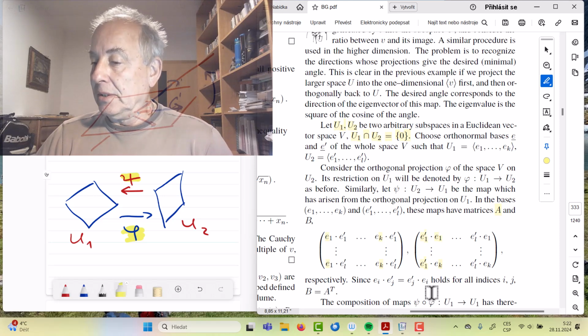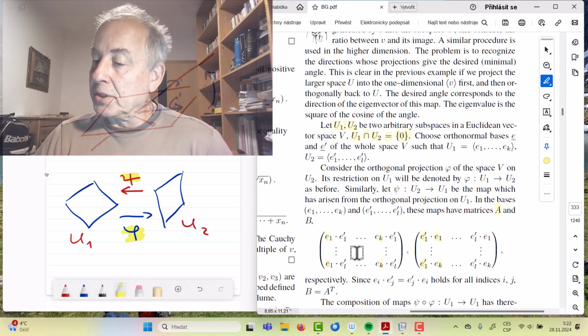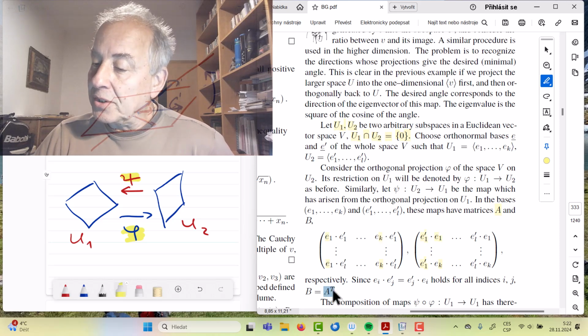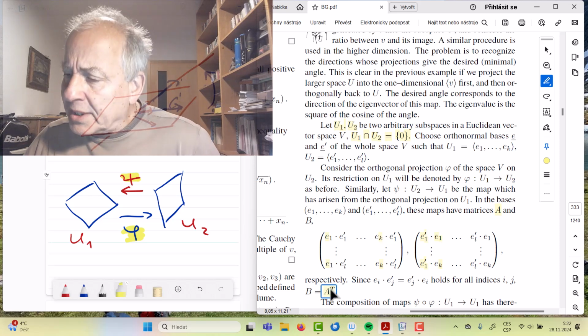So the things are the same up to the transposition.